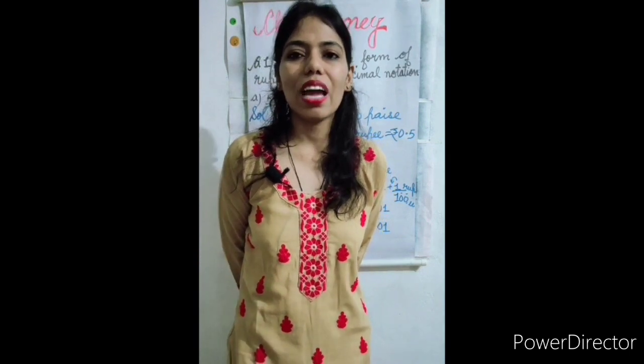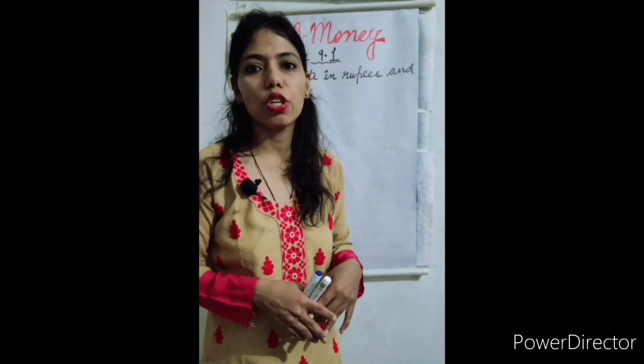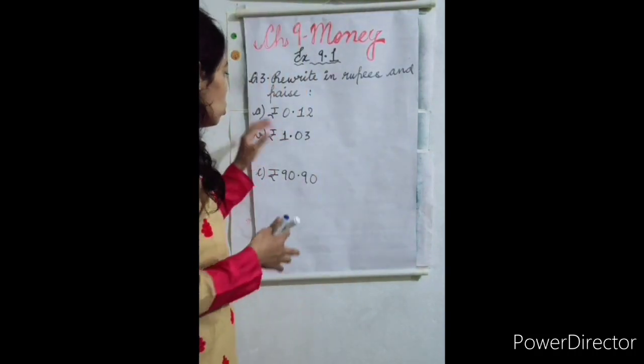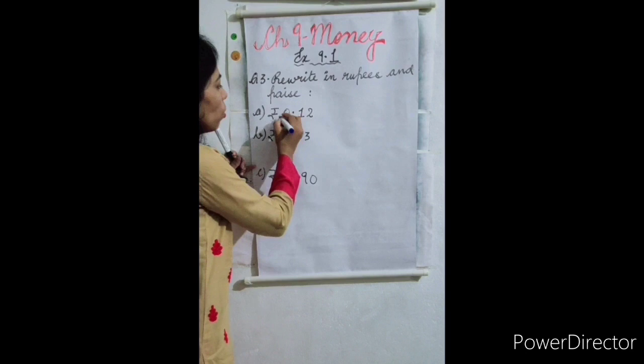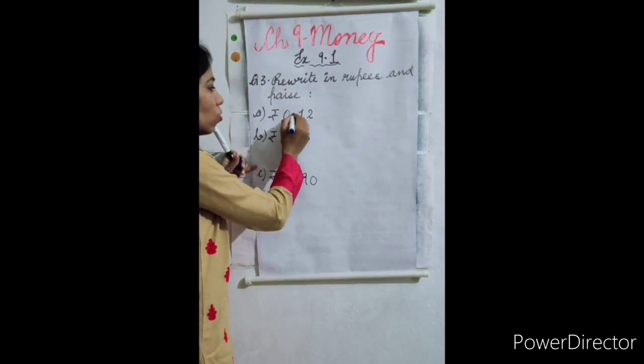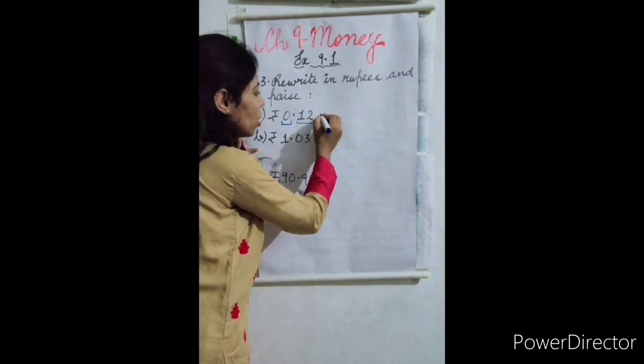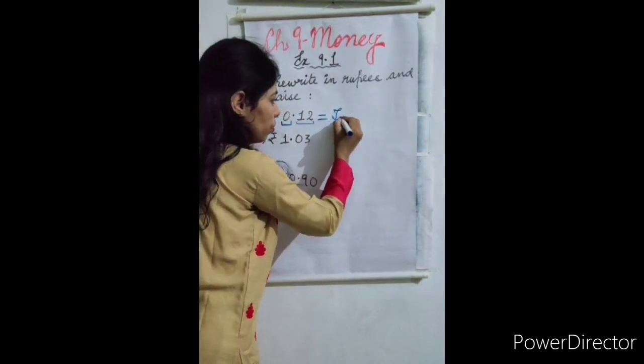Question number 3 is: rewrite in rupees and paise. So it is given in rupees and we have to write it in rupees and paise. Part A is rupees 0.12. So numbers which are before the decimal are rupees and those after the decimal are paise. So this 12 is actually 12 paise.